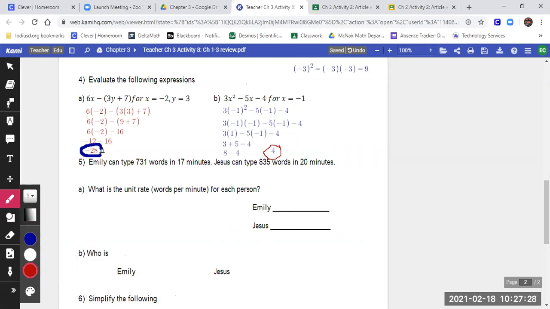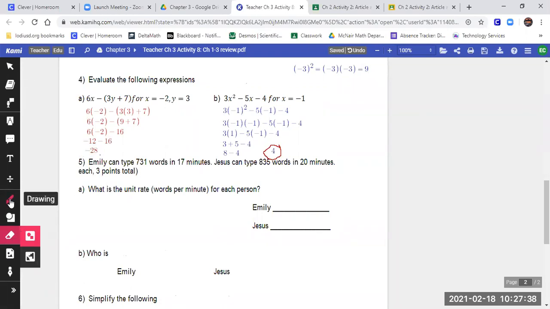And I'm going to erase that line because it was not the size I wanted. Okay. Evaluate does not say x equals 2. There's no x's, there's no y's. It's just figure out the number based on what we tell you.